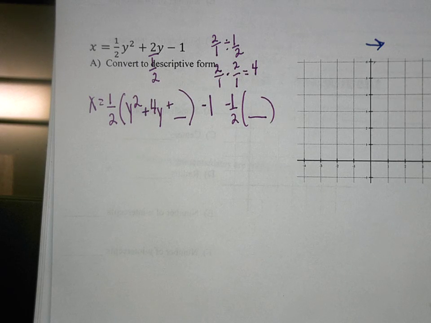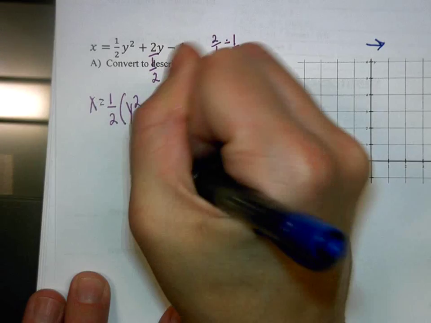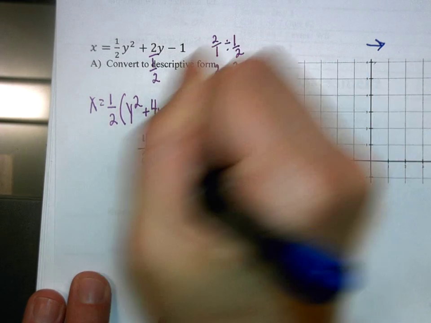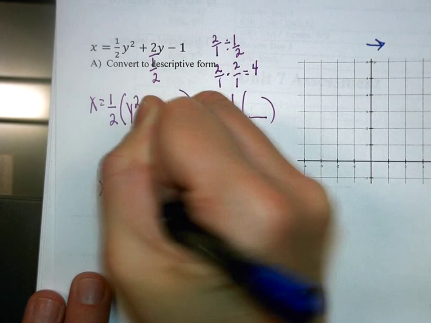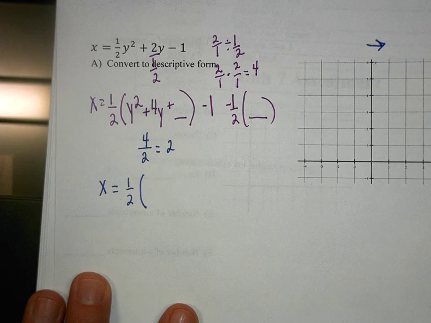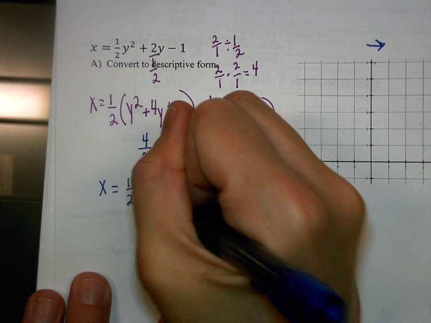All right. What's our next step? Very good. 4 divided by 2 makes 2. So I'm going to start writing my equation. X equals 1/2, and what goes in my parenthesis? Y plus 2 squared.